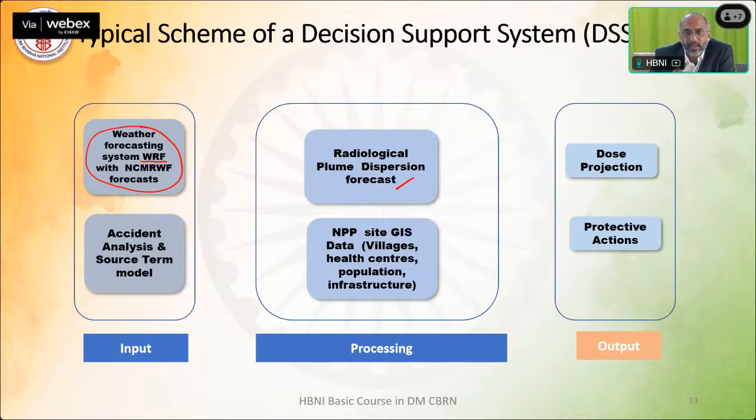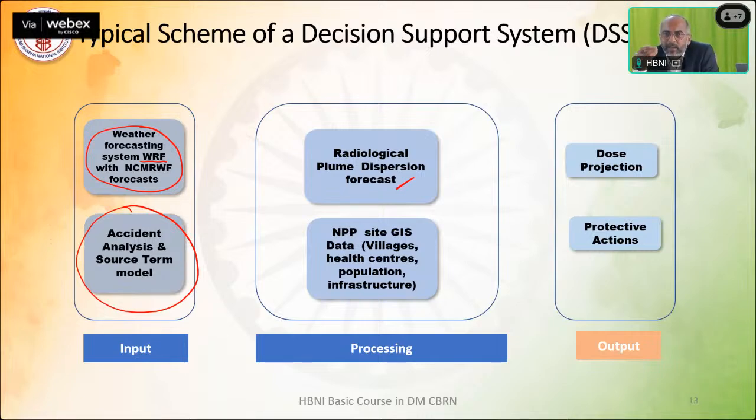For calculating the air concentrations, the other input that goes into the dispersion calculation is the accident analysis and source term models. If you recall from the first couple of slides, I was saying that every different accident condition will have a different level of degradation in the plant condition, right?